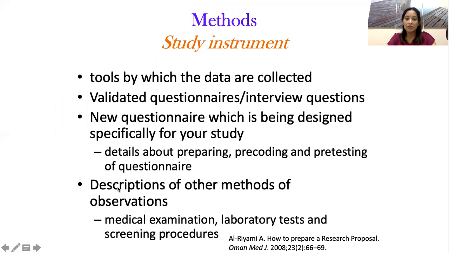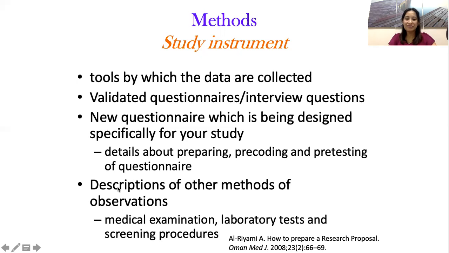So these are tools by which the data are collected. It could be validated questionnaires or interview questionnaires. It's not just any questionnaire. You cannot just make up your own questionnaire just like that and administer it to your intended respondents.